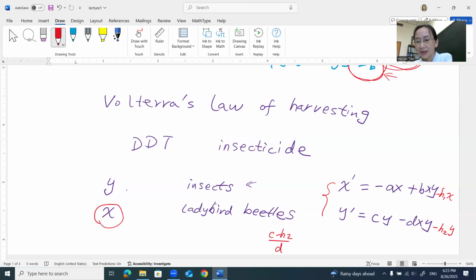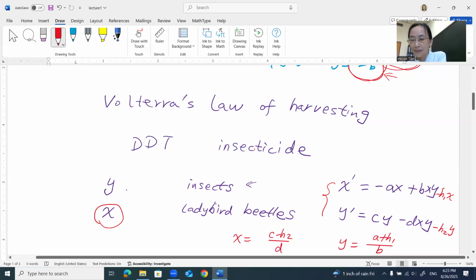And the insects, if we have some periodic solution, for example, the average of the prey population will increase.